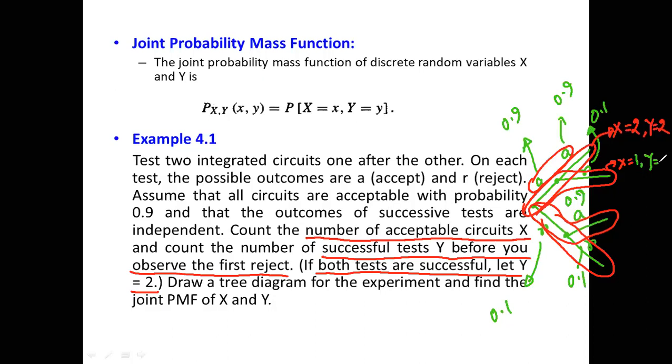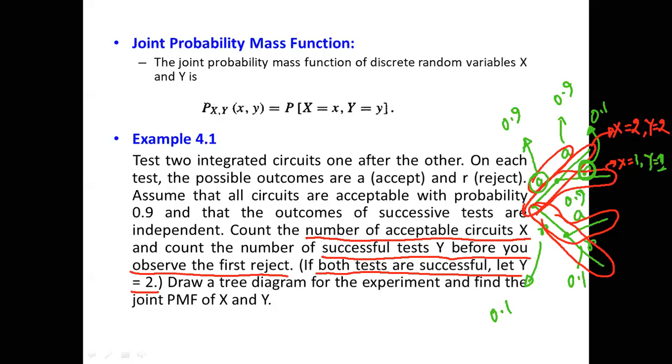Y will also equal 1 because Y is the number of successful tests before you observe the first reject. You have observed the first reject here, and before the first reject, you have a first acceptance. So there is one acceptance before the first reject, so the Y value should be equal to 1. Is it clear? Yes, sir.